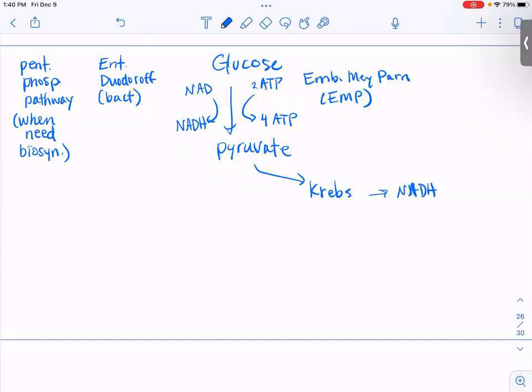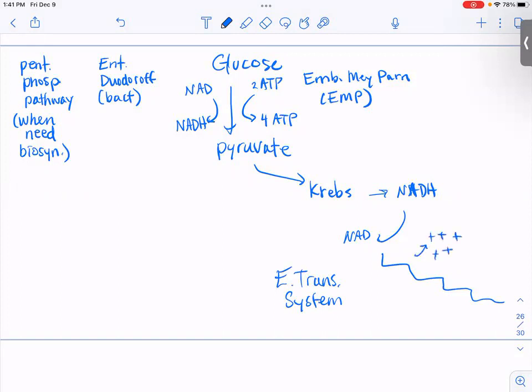And those electrons are going to get dropped off at some kind of electron transport chain or electron transport system, where a series of carriers will pass those electrons, and the protons will get shunted outside of the cell. And you'll have some kind of electron acceptor here at the end.